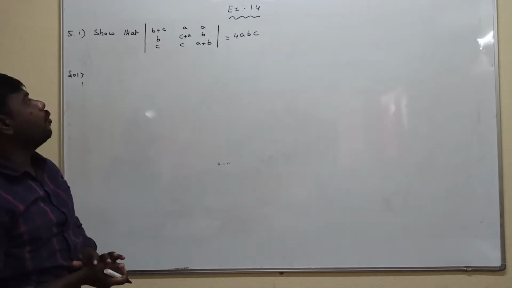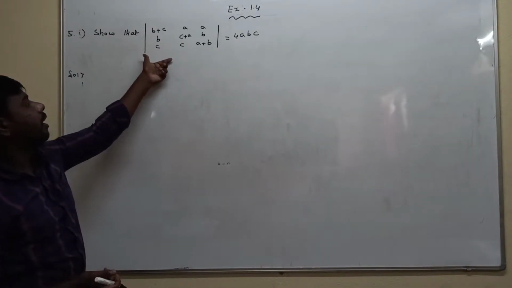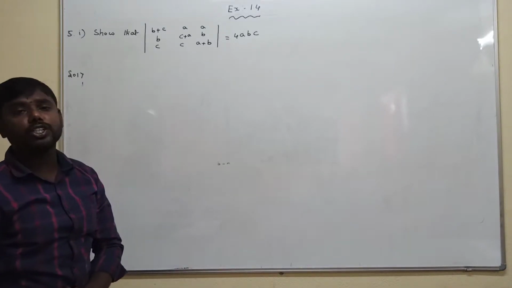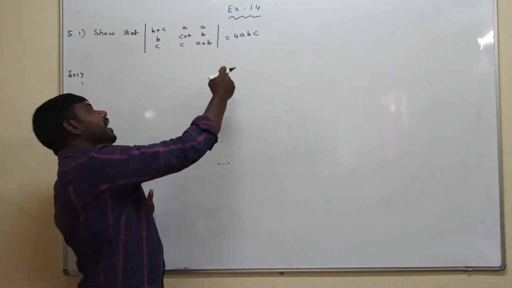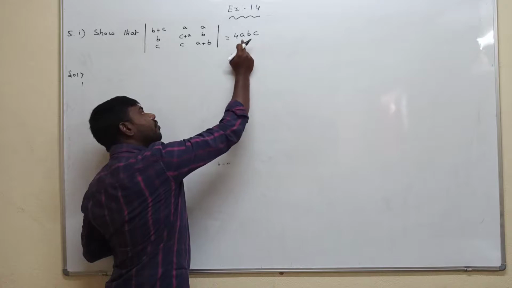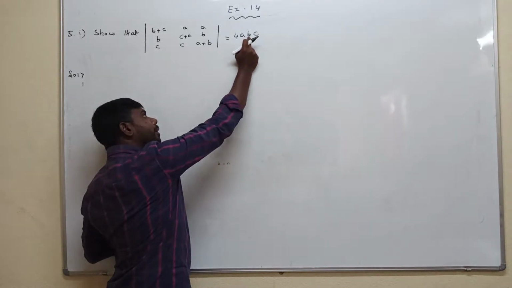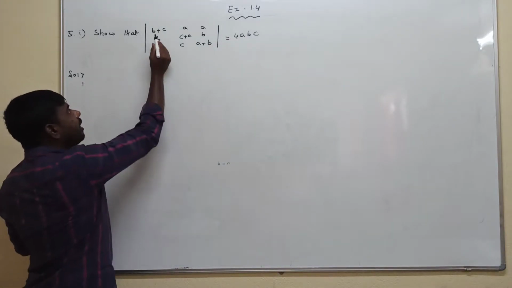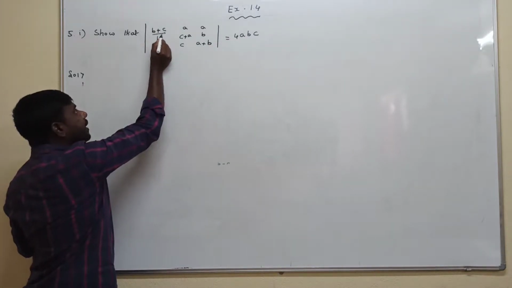Now, how do we prove that the left hand side determinant is equal to the RHS value? First we have to observe the right hand side value. The right hand side value given is 4ABC. First observe this. After that, observe the left hand side determinant's first element.